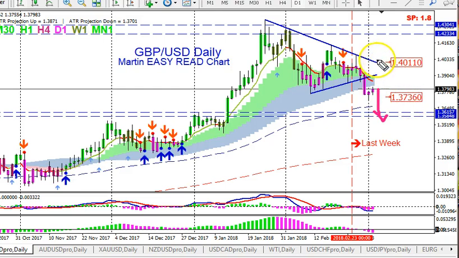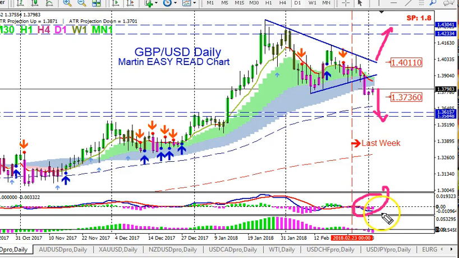If you believe price is going to go higher, then you would have to wait until price comes all the way back up, breaks the trend line to the upside, and then you could possibly look at buys above 140.11. Take a look below at the short-term trending MACD. The momentum bars are pink, and the blue MACD line is below 0.